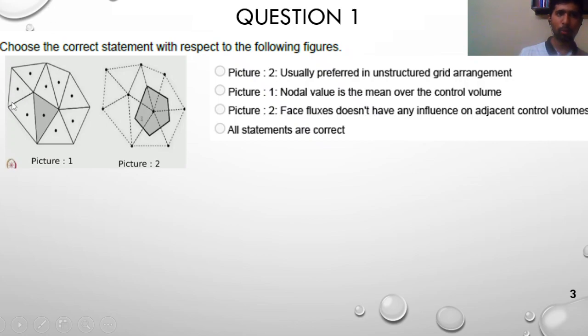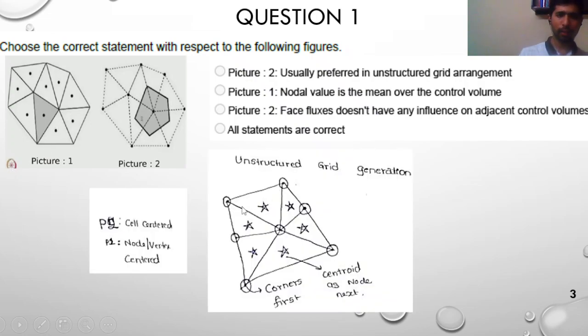For example, if you have a rectangular domain, first you create those lines, the corners first, and then take the centroid and create it as a node. So the node is created as the centroid, so the node is centered here.